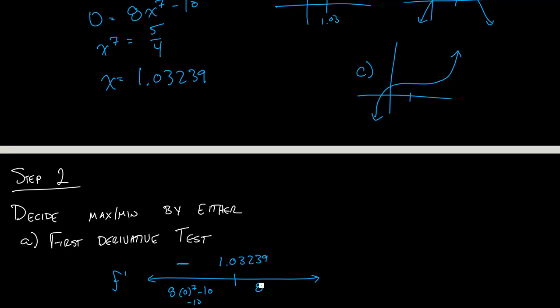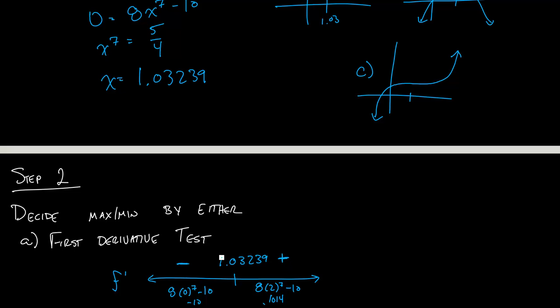Let's try to plug in 2. 8 times 2 to the 7th minus 10. Whoa, this is a huge number. It's very positive. 2 to the 7th is big, 8 times 2 to the 7th is even bigger, way bigger than 10. If we do this out, we get 1014, telling you that since this is positive, everything over here is positive.